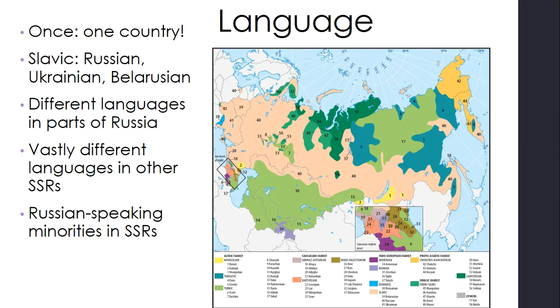I'm going to start that sentence over. In many of these former Soviet socialist republics, you have Russian speaking minorities, such as in the Ukraine. You're going to watch a video, which won't be linked here, that shows a big dispute in the Ukrainian parliament between people who wanted to also make Russian an official language of the Ukraine.